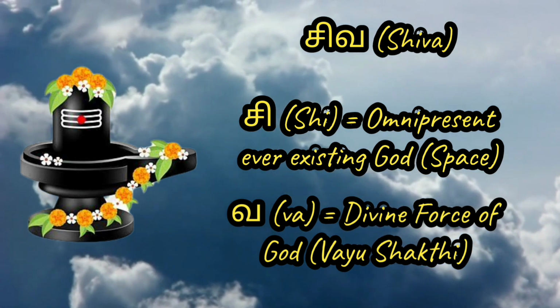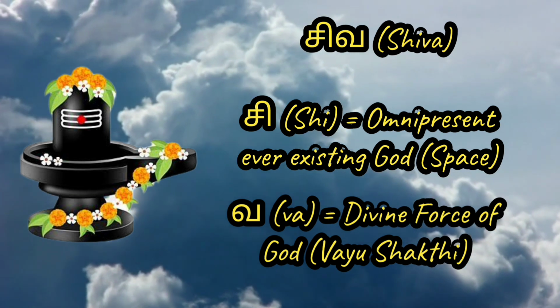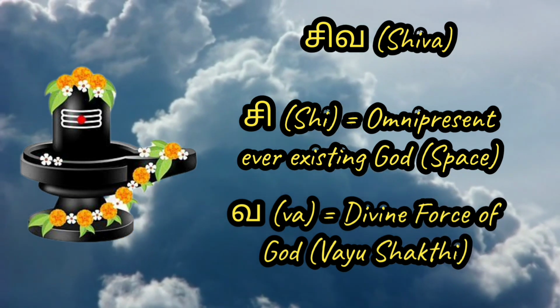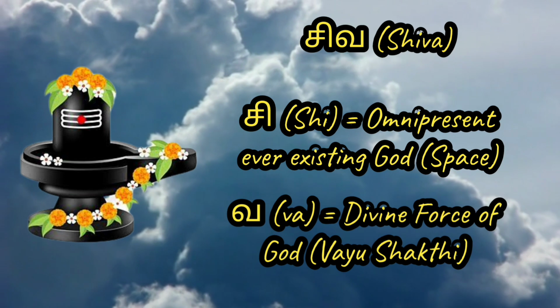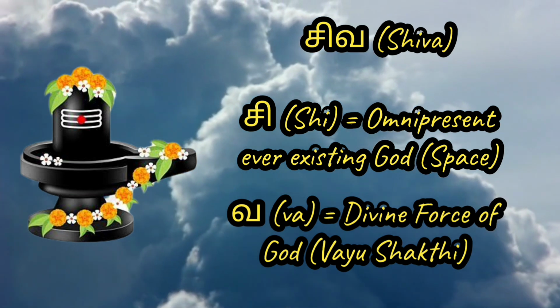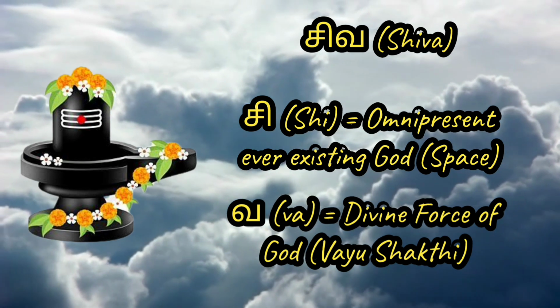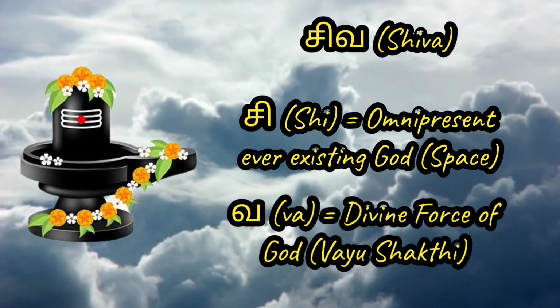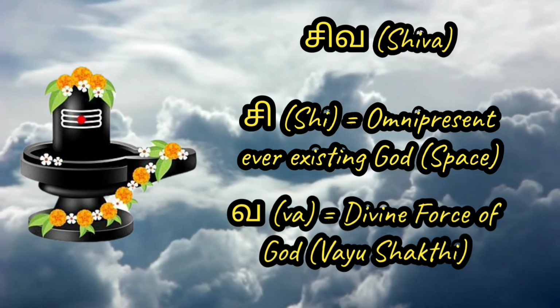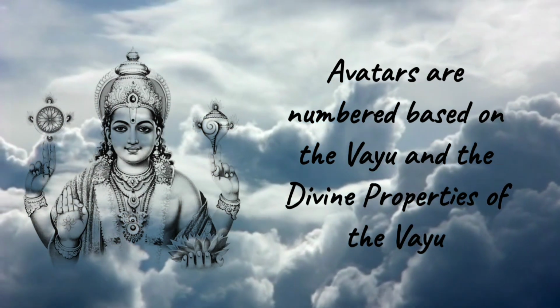Let me tell you a couple of those words: Vali, Vangul, Vandu, Vasi, Vadam, Vadai, Vayu. All these words start with the letter Va because Va represents the divine force of God, which is the Vayu Shakti.